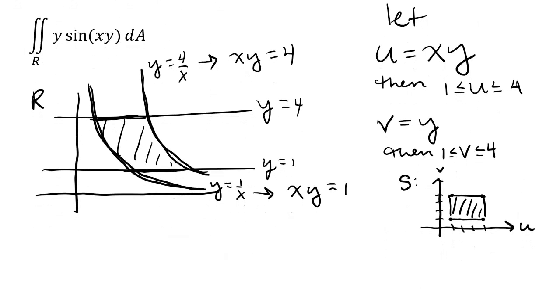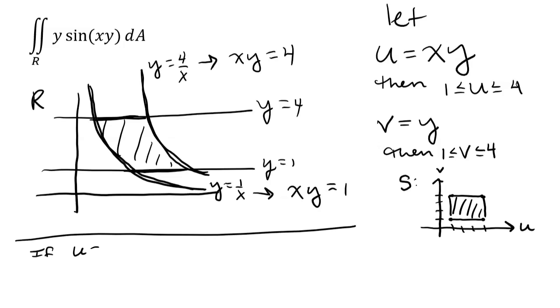So we've got our functions for u and v. We need to now find those in terms of x and y. So if u is xy and v is y, well then even right away here I could see that we could sub that v in to this formula.